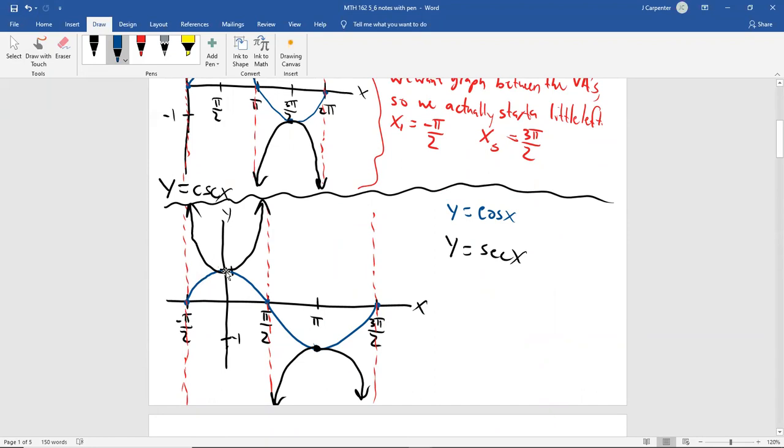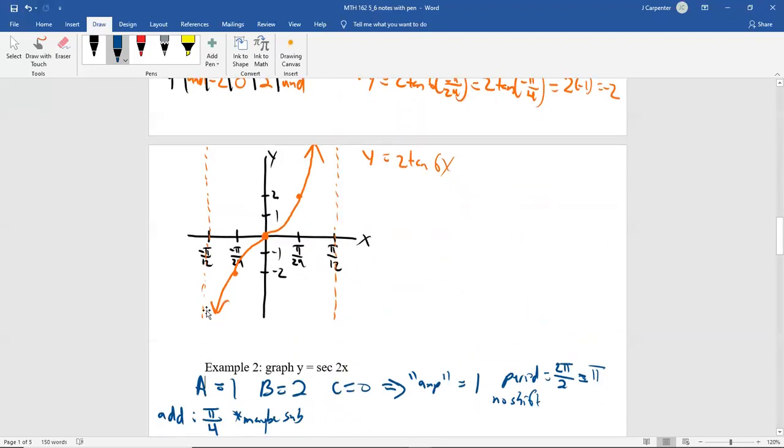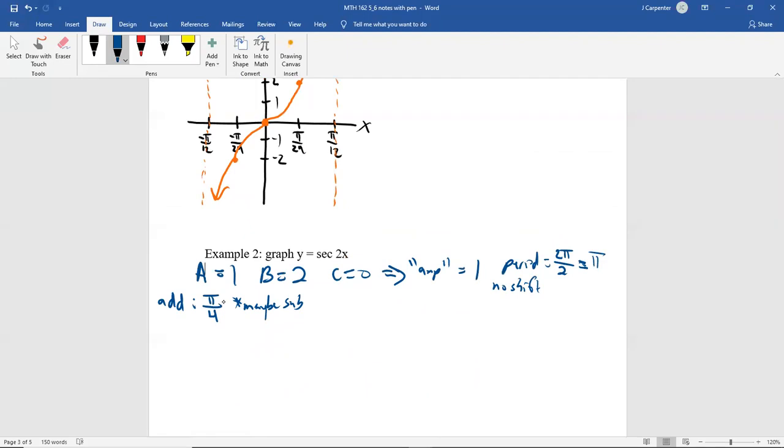But you don't just start it at negative pi over 2. You're going to have that issue where you've got to add and subtract the pi over 4. So that number is not going to just be negative pi over 2. This pi over 4 dictates it. So I say maybe subtract, but you are definitely subtracting for this problem. I just don't want to leave that permanently up there.